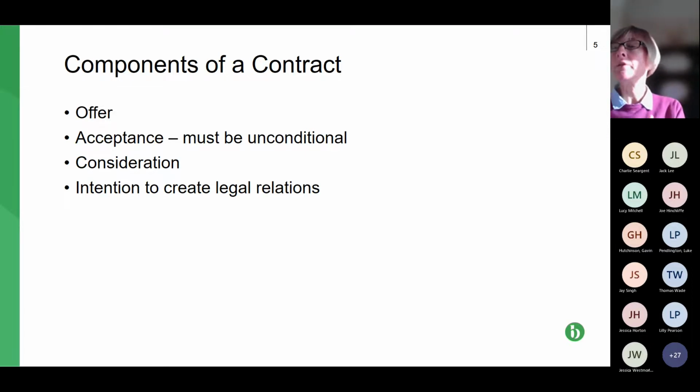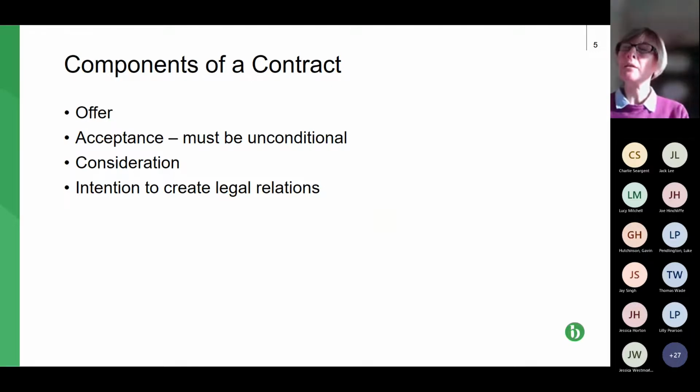There might be a list of 3, 4, 5 items that are not agreed, and in a discussion over the phone you agree that 3 of the points are going to stay as they are, and 2 are going to be amended. Very often in that situation, that call means there's an unconditional acceptance. The parties are agreed, even though it hasn't been reflected in the written agreement, and from then on there is an agreement in place.